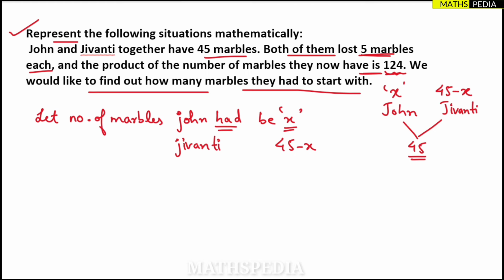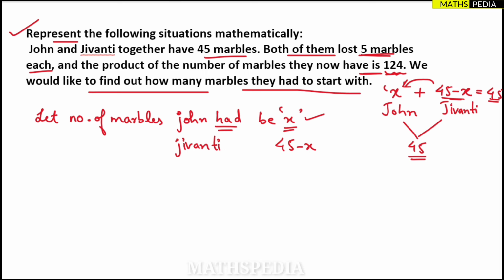Always remember this kind of question: total number of marbles minus the marbles the other person has. So when you add these two, you get 45 only, as x and minus x cancel. If one person has x, the other has the total minus that number of marbles.